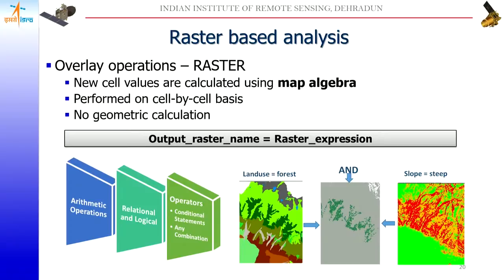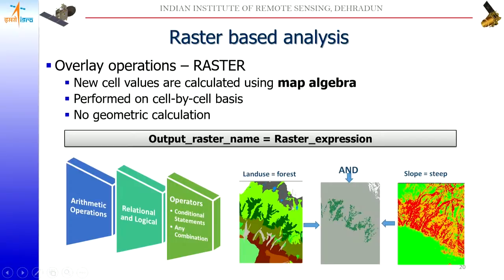So we can generalize it as an output raster being nothing but a raster expression, which can consist of raster layers as operands, and operators such as arithmetic, logical, and relational operators. For example, suppose we have a land use map and a slope map in raster mode, and we are looking for those areas where the land use is forest, and, so we use AND, which means both conditions have to be true, the slope is, let's say, steep.